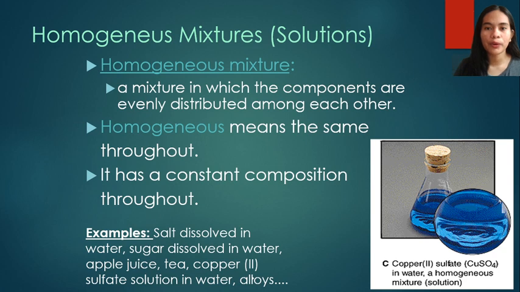For example, the brass, the combination of copper and the aluminum, they are the alloys. Minsan, hinahalo din sila sa jewelry to make the gold jewelry na parang alloy siya, but it looks like gold, so plated na lang ang nangyayari.